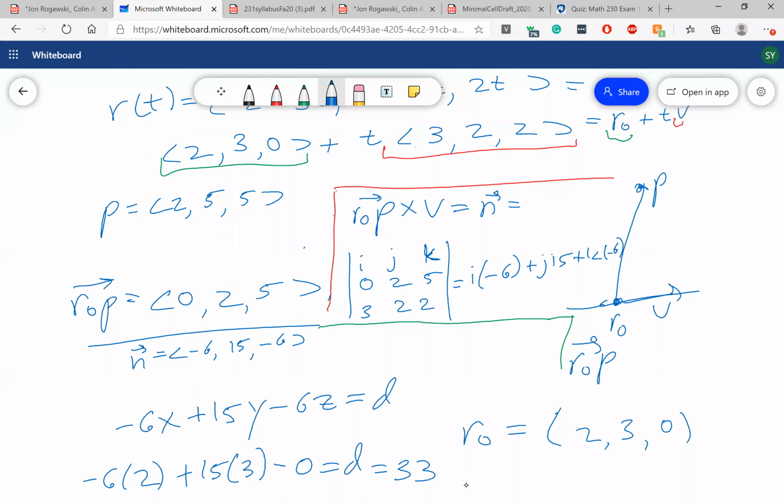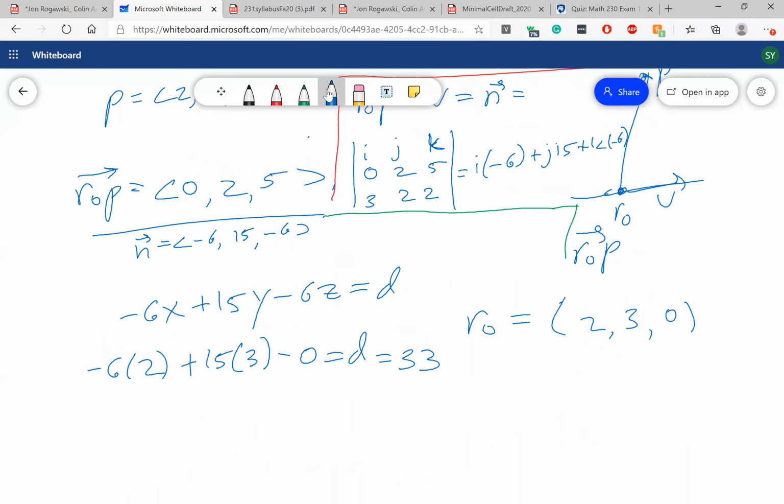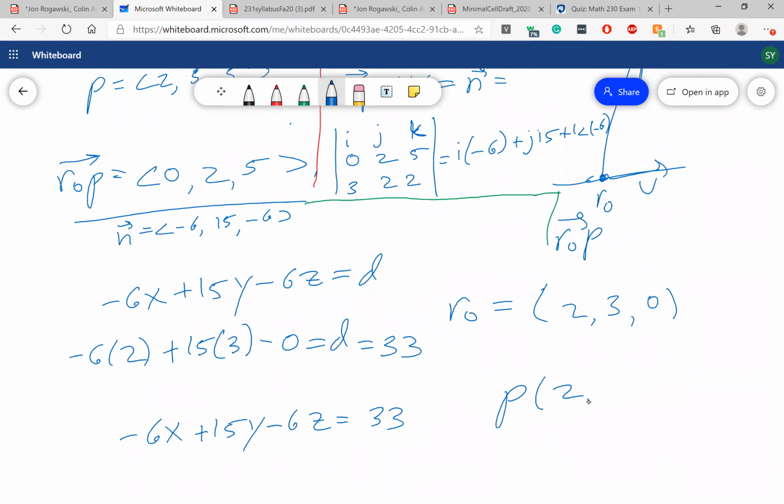Okay, thanks. So now our plane is going to look like negative 6x plus 15y minus 6z is equal to 33. Another point that we wanted in our plane was the point P. So P was equal to 2, 5, 5.